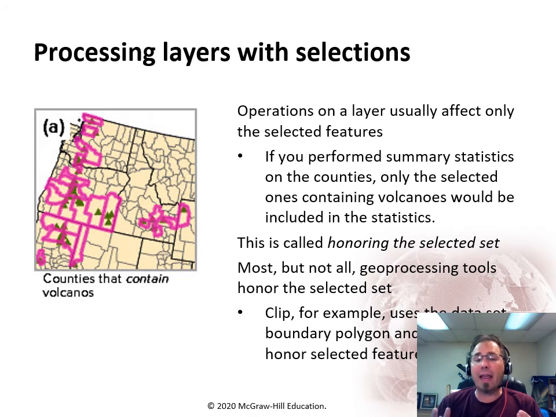And that's really handy actually, because it allows you to do multiple steps without having to reselect things all the time. So just understand that most of the time, any tool you run, when you have something selected, will only be run on that selected set of data. That's called honoring the selected set.